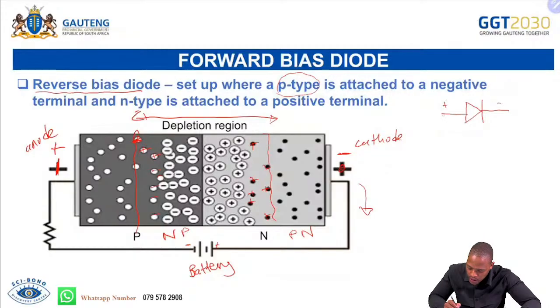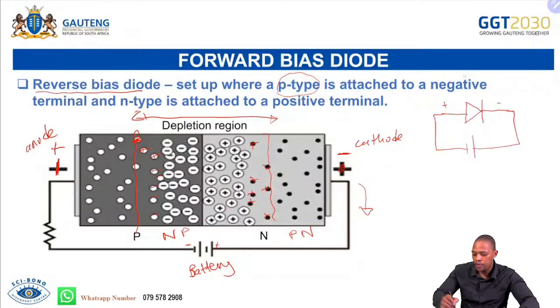If you draw your circuit diagram such that the negative terminal is connected this way, you will not have a flow of electrons there, so you will not have electric current. The depletion region will increase, causing more electrons to struggle to go across from the N-type to the P-type.